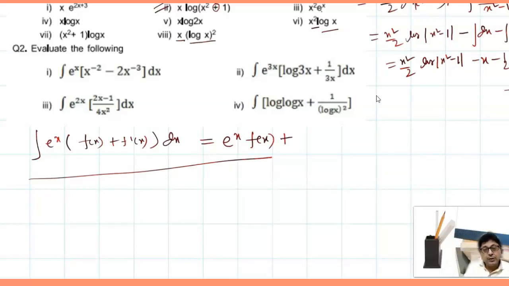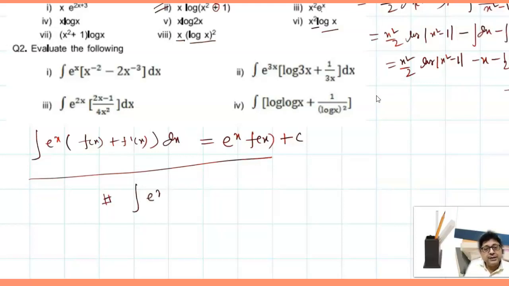Done? No. If it is a 4-mark question or 3-mark question, whatever, then you cannot do it by this method. You have to find which one is fx, which one is f dash x, and then proceed accordingly. So for this one, let us start with the first one given here.